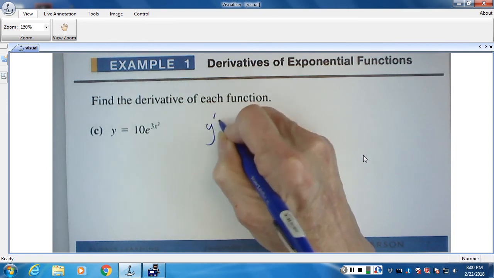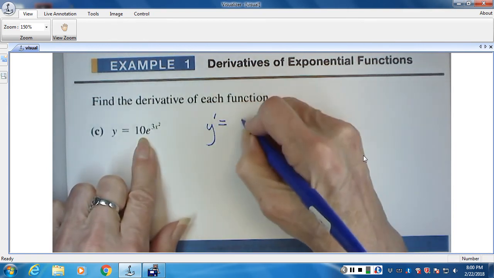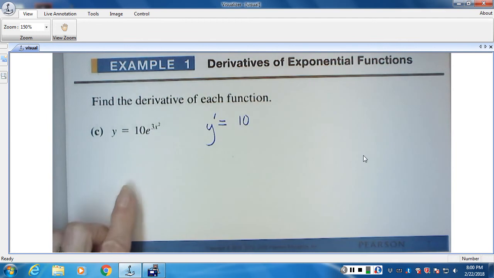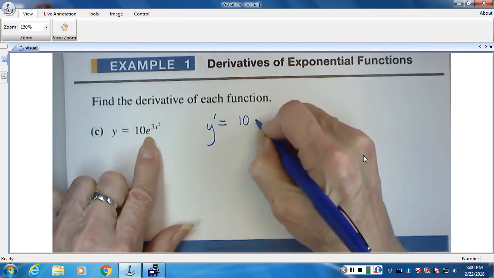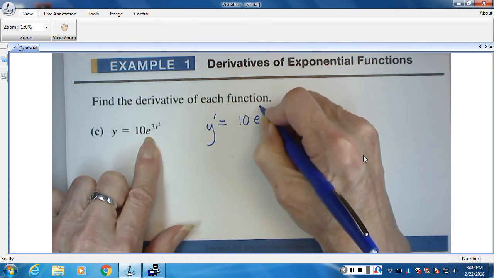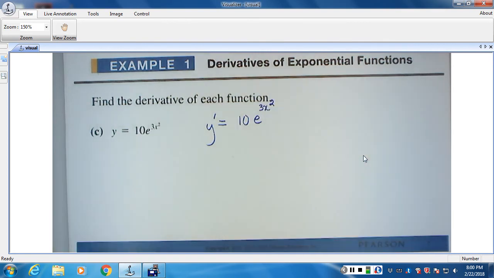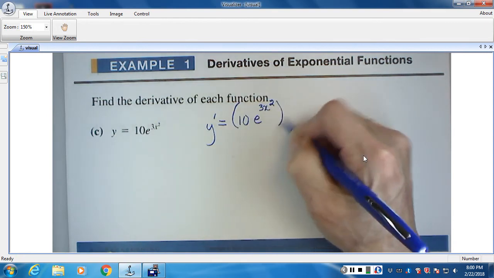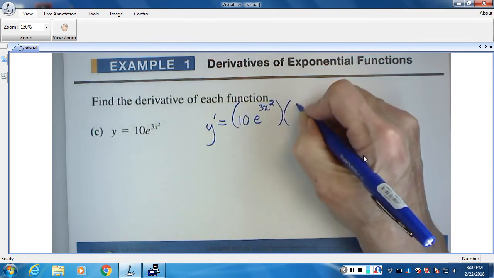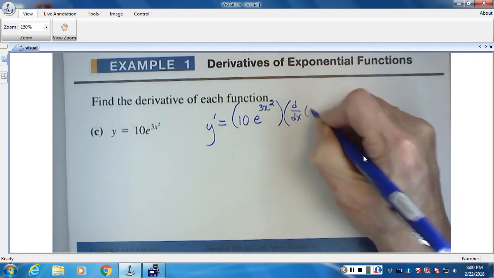Okay? They ride along. So, y prime, keep your 10. Take the derivative of e to the 3x squared, which means keep e to the 3x squared. And then take this whole thing, and I'm going to multiply it by the derivative of 3x squared.